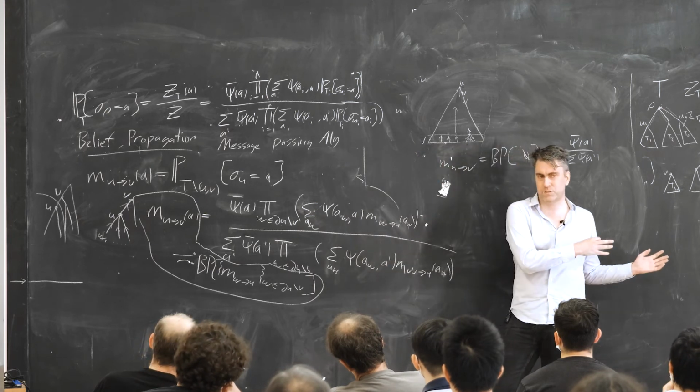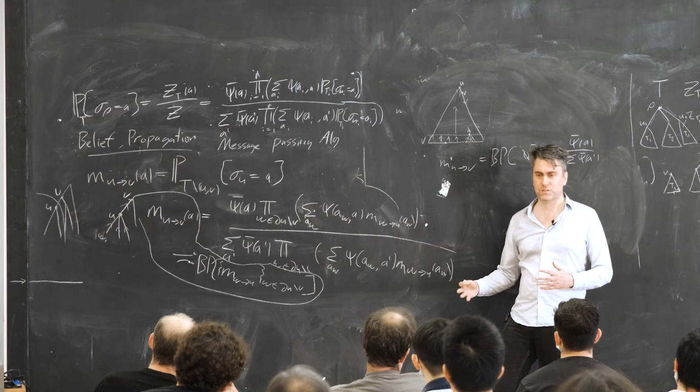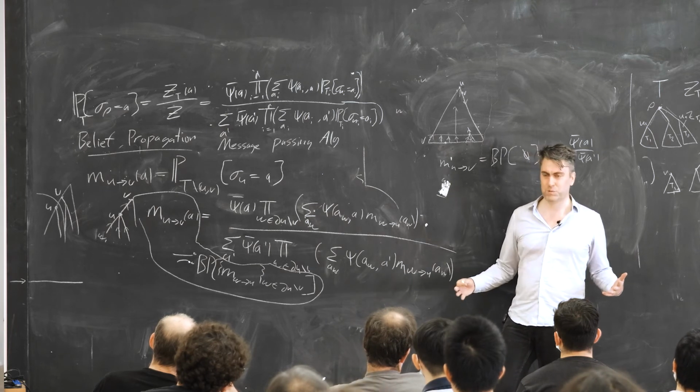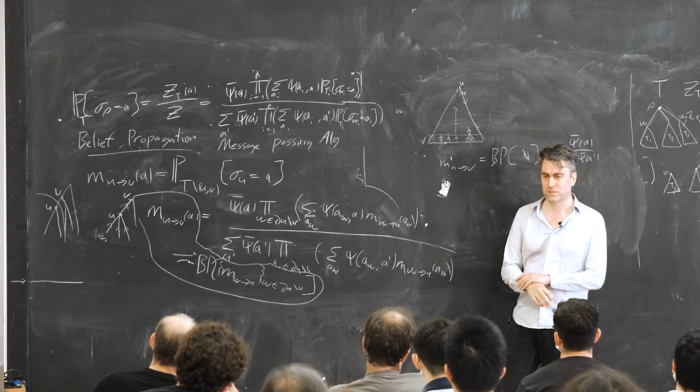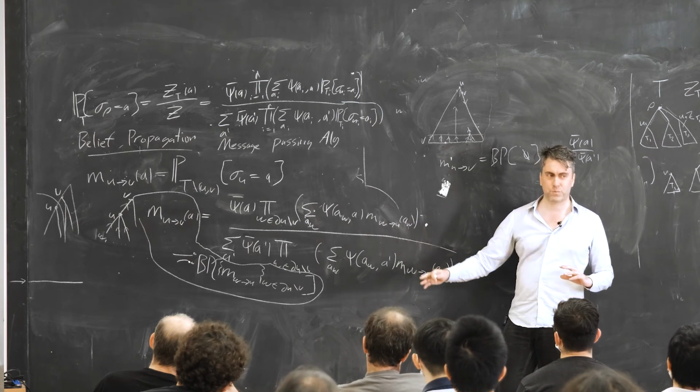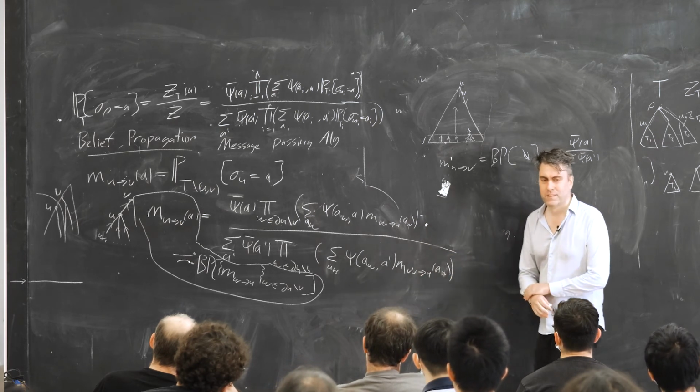Basically the point at which we run out of clusters of solutions will be the same point at which we run out of solutions in total. So that's the broad arc of where we're going with this.